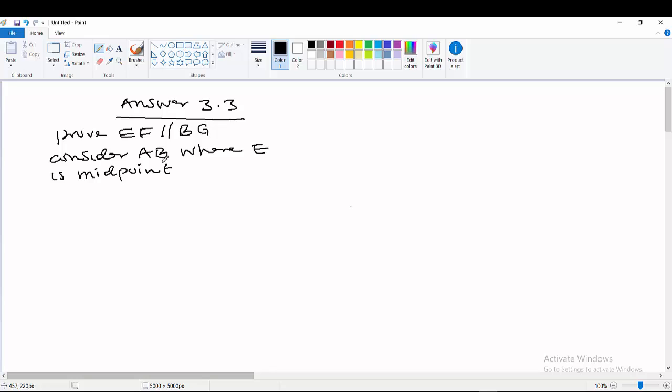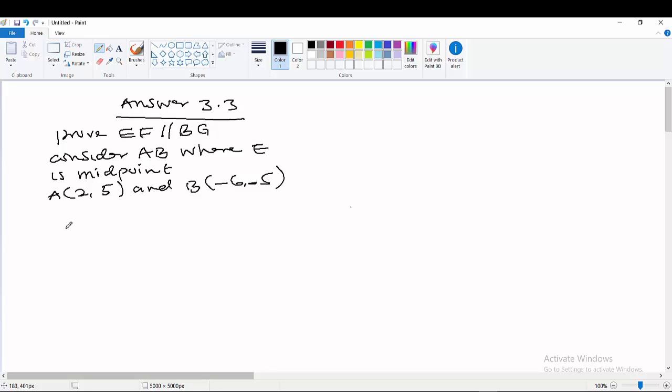So now we have the coordinates of A and B. The coordinate of A is (2, 5), and B is (-6, -5).